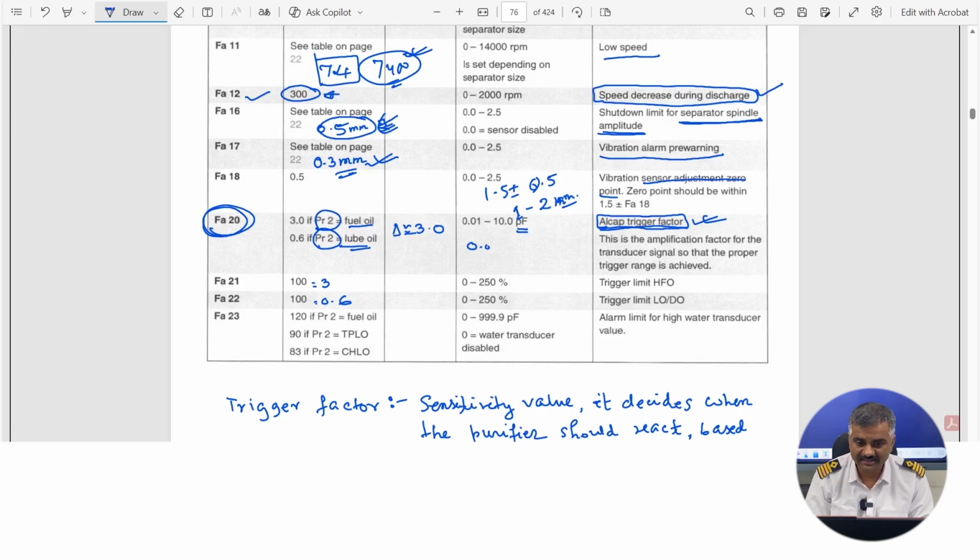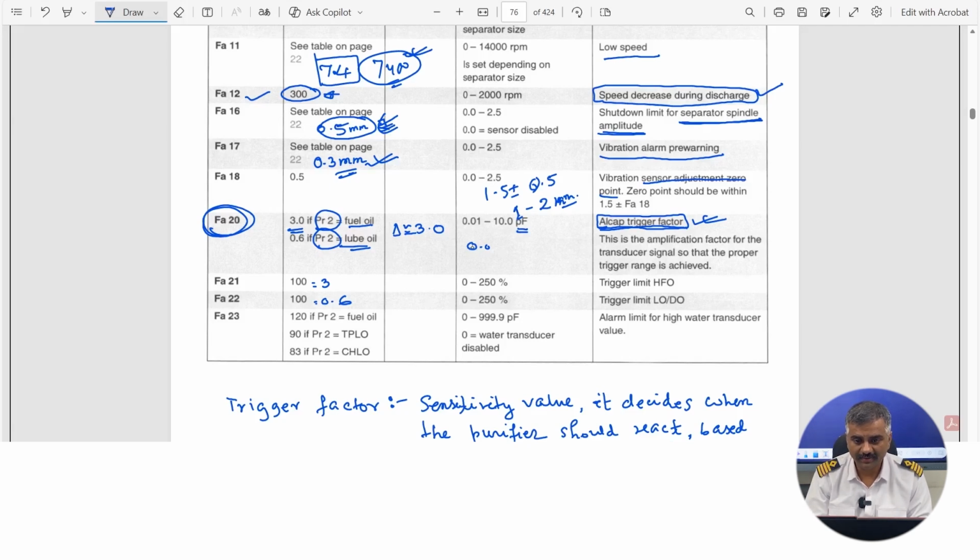Say there is water flowing in the capacitor: water has a different dielectric constant and oil has a different dielectric constant. If the oil is mixed with water, the picofarad value will change accordingly.